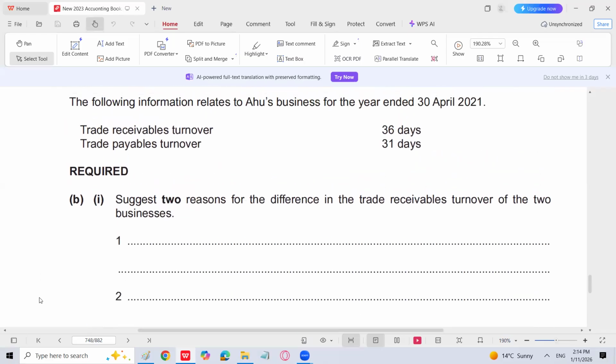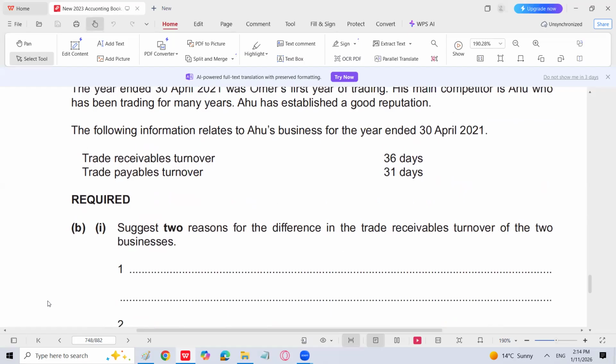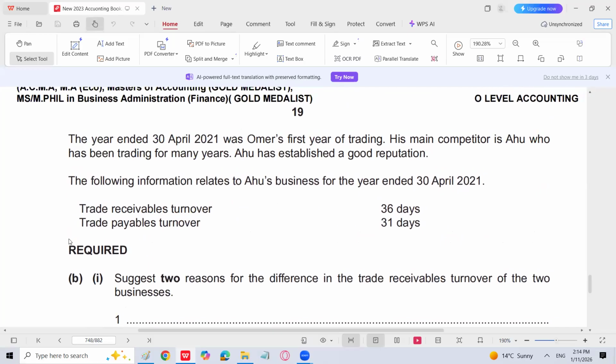Secondly, the B1 point also asks the same: state two reasons for the difference in the trade receivable turnover ratio of the two businesses. So we are talking about trade receivables only, not trade payables. The trade receivables for Ahu are on the higher side, which is why his trade receivable turnover ratio is more.